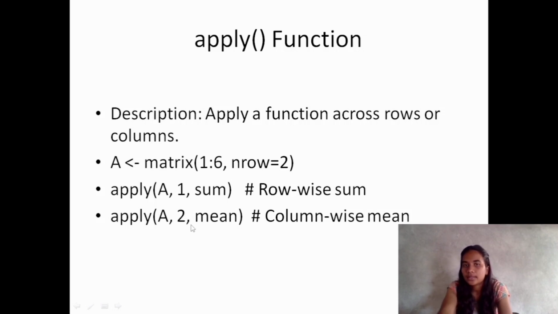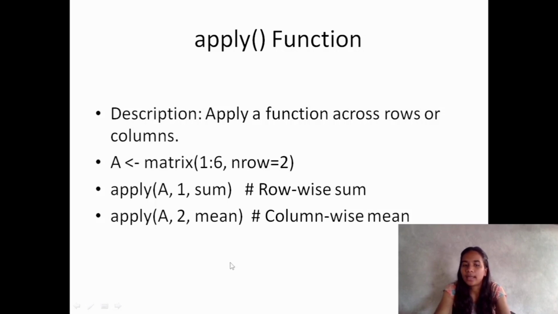This is the margin: 1 stands for rows and 2 stands for columns. And lastly here you can see sum and mean, this stands for the function, which function you want to apply for columns or rows, and on which matrix. So we can specify all these parameters. First one is the matrix name, second one is rows or columns, 1 stands for rows and 2 stands for columns, and the last one is the function name.